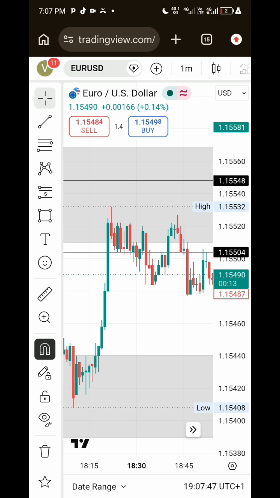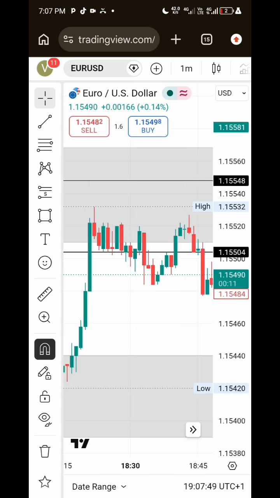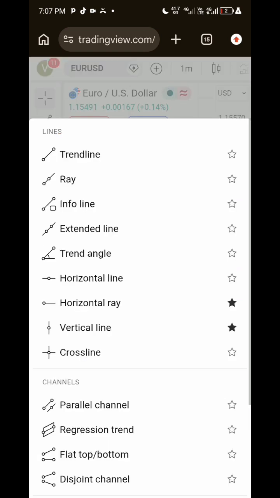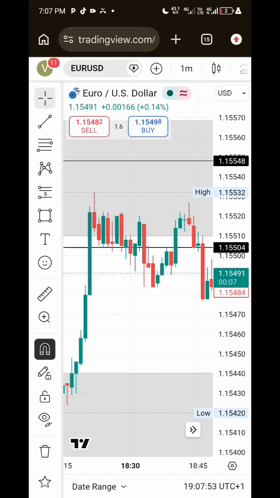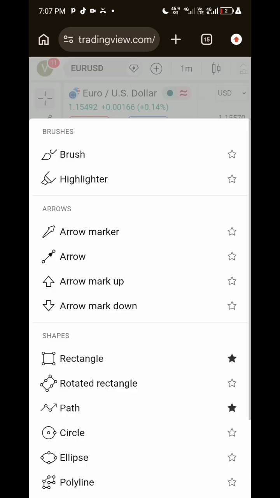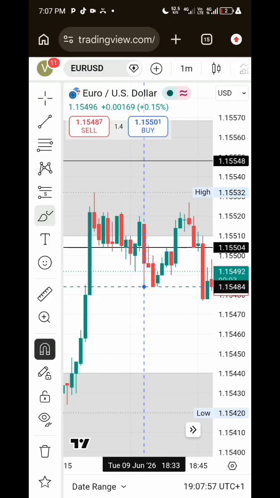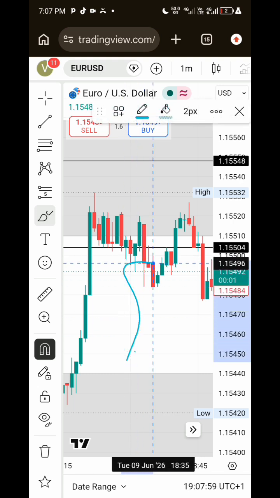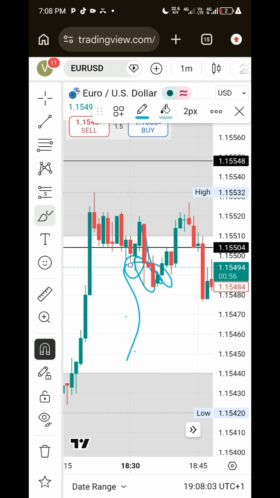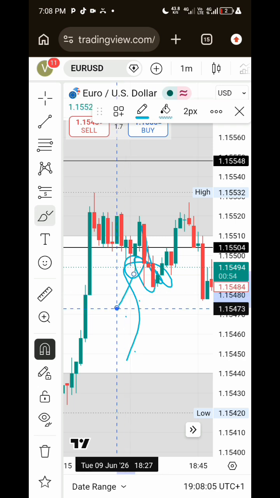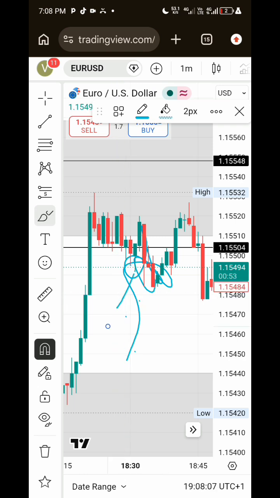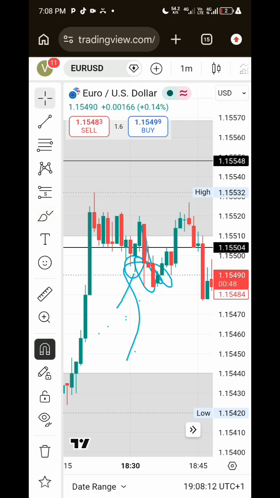So one thing I want to be very clear, especially about what I'm saying right now, because this is what many people make as a mistake. You see this stuff right here, okay? Well, just want to let us know that this is not a clear order block. This is not a clear order block, as we can see.